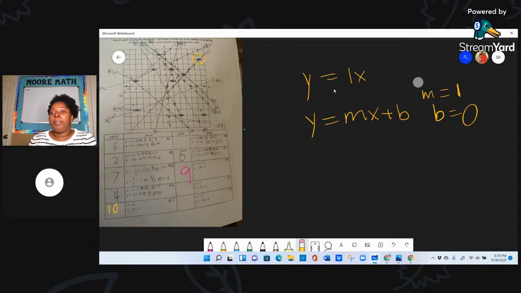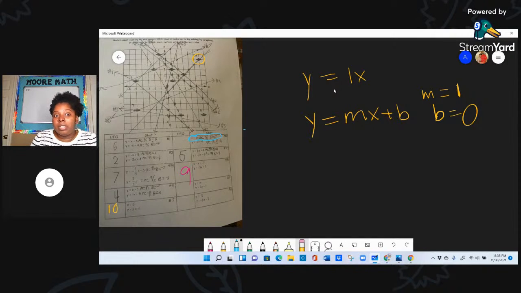Okay, so your b, if there's nothing here, just like you did already for number 6. Y equals 3x. You see it? Yeah.